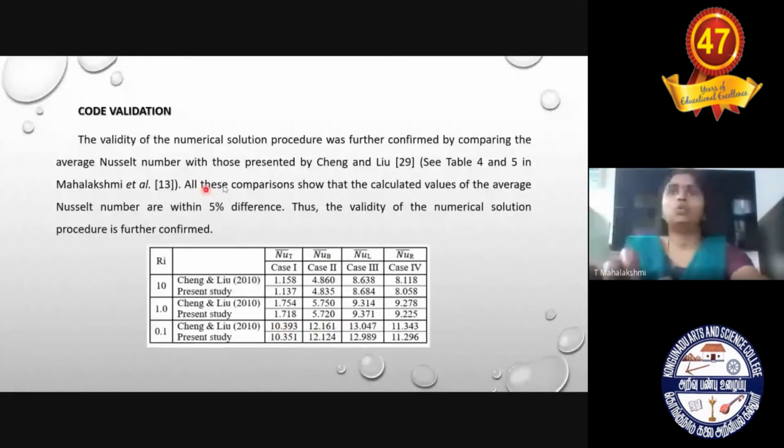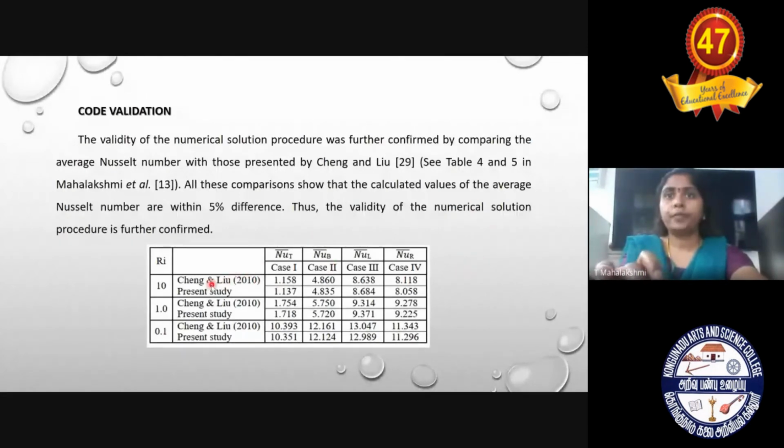And after the simulation, we ourselves have to confirm the accuracy. So we need to compare with the already existing heat transfer rates obtained by researchers.